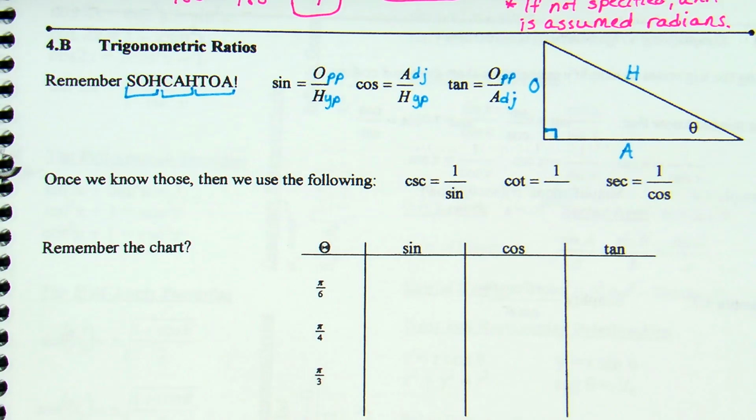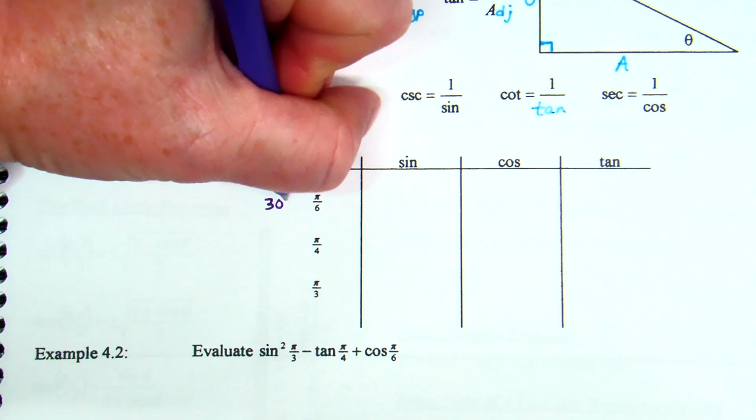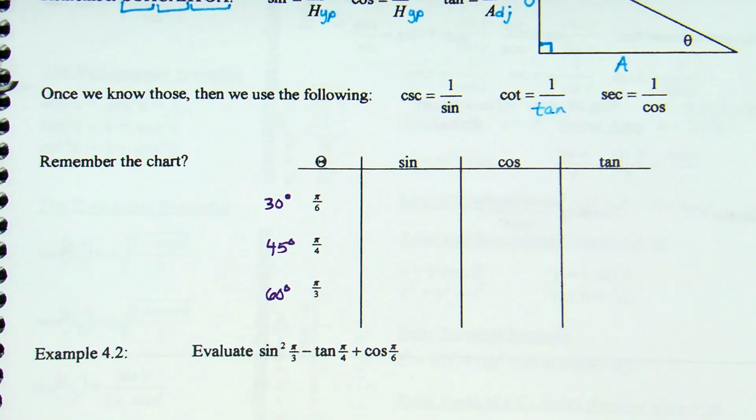I have to think carefully. So, now, do you need the triangles or can you just fill the chart in? I personally just fill the chart in. But don't forget, there's nothing wrong with drawing your triangles. Do you know what triangles I'm talking about? Yeah. 30, 60, 90 and 45, 45, 90.